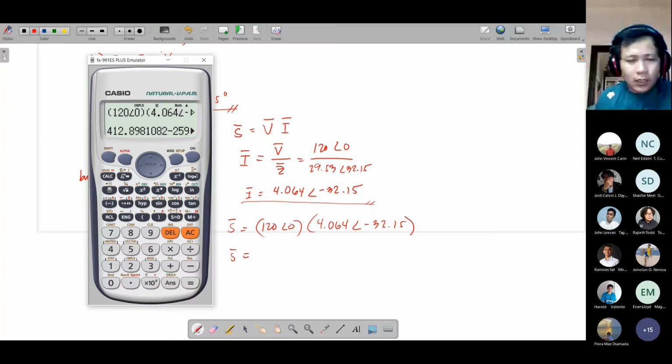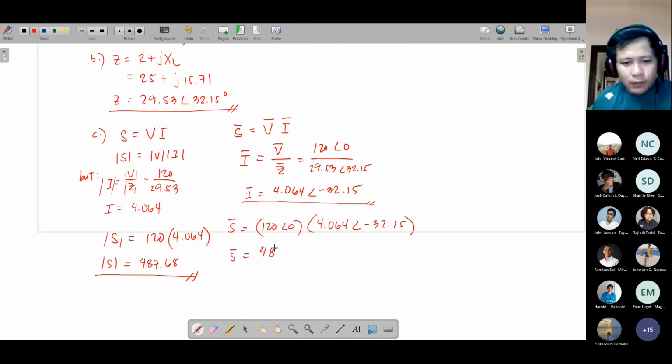That would be, again as usual, rectangular form, so convert it into polar form. You will have 487.68 angle negative 32.15.